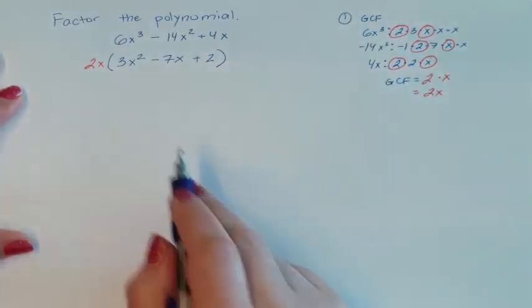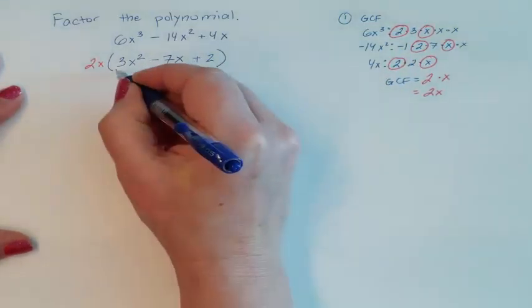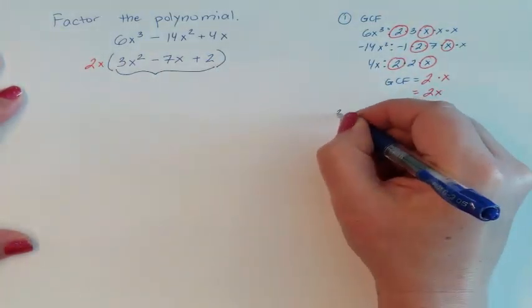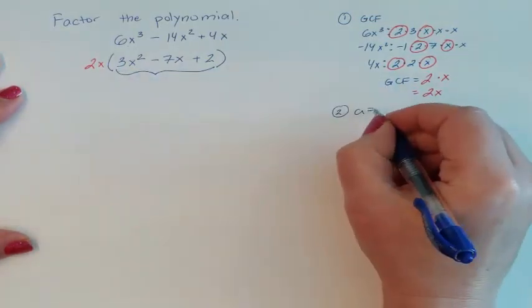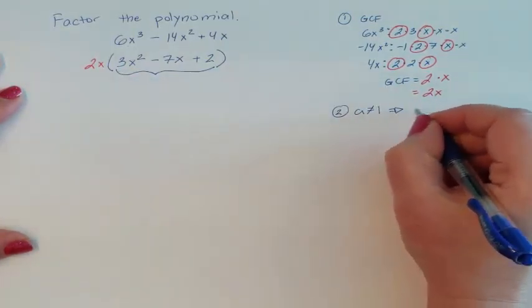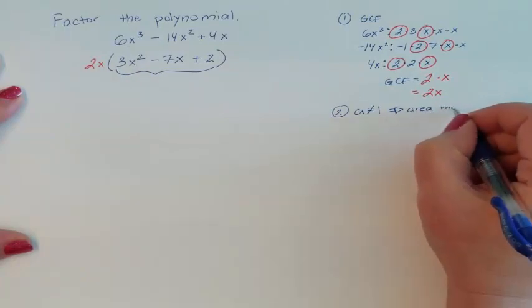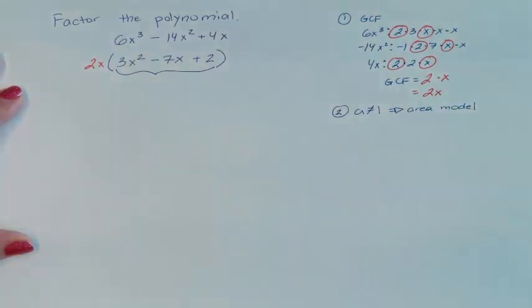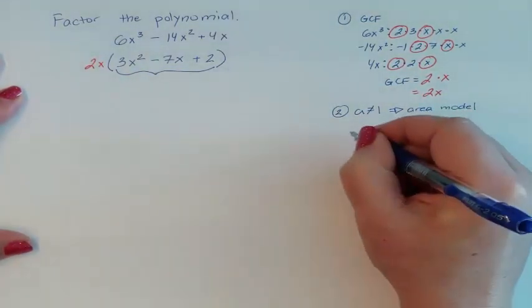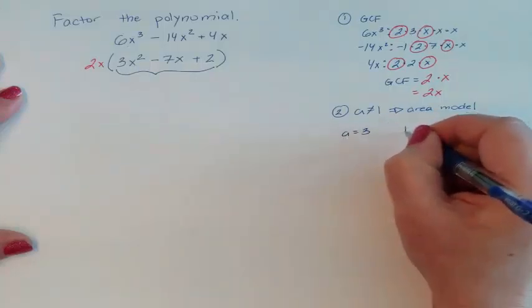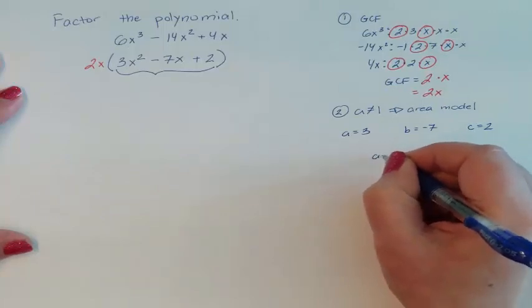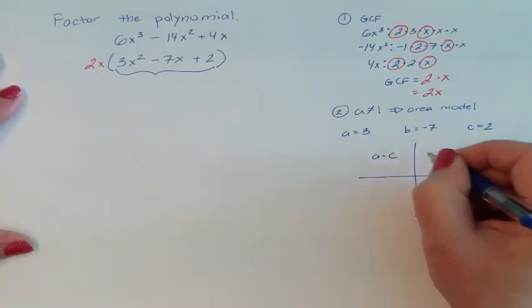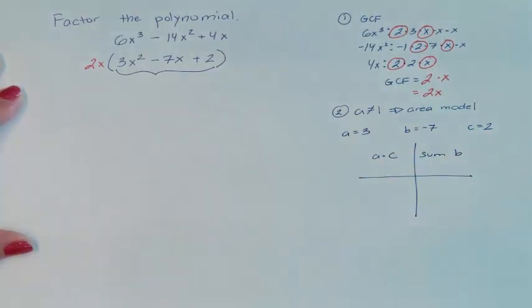They were the leftovers. So now we have to look at what our new polynomial is, and we have to identify a. Is a 1? No, it's not. So since a is not 1, that meant that we had to go back to the long method of using the area model. We have no trick pattern to do. So that meant we had to identify a, identify b, and identify c, so we can come up with our a times c adds up to b list.